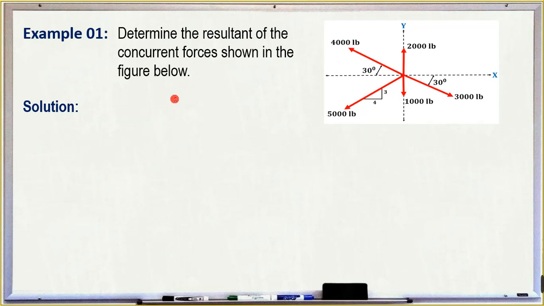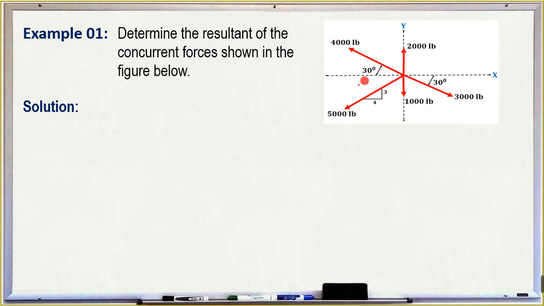So this one is in the PDF that was given. Here we are going to determine the resultant of the concurrent forces shown in the figure below. We have 5 forces.